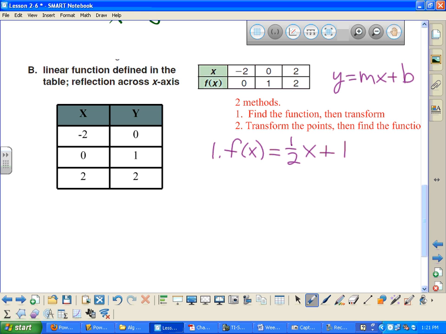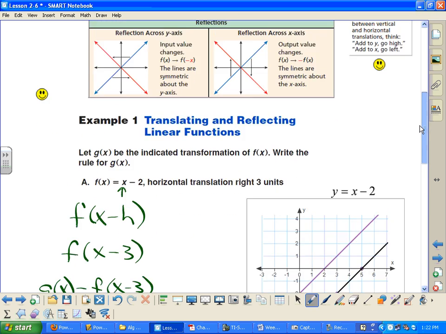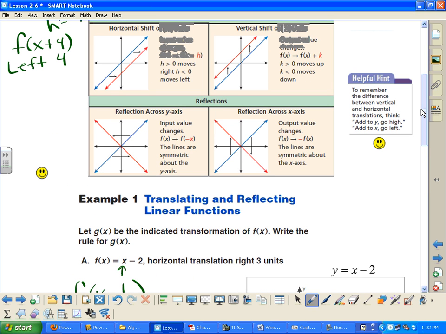Okay. And they want us to do a reflection across the x-axis. So is that y or x? Okay, since it's across the x-axis, it changes the value of y, which means that g of x is going to equal the opposite of f of x. It's a vertical reflection. Across the x-axis is a vertical reflection.